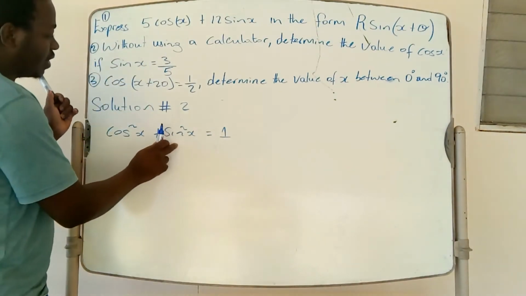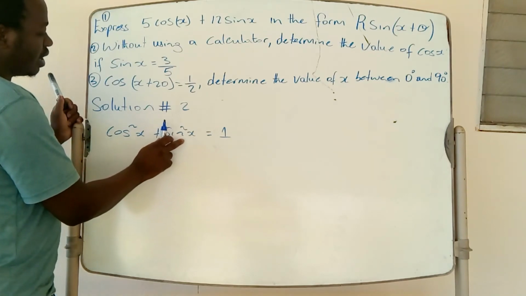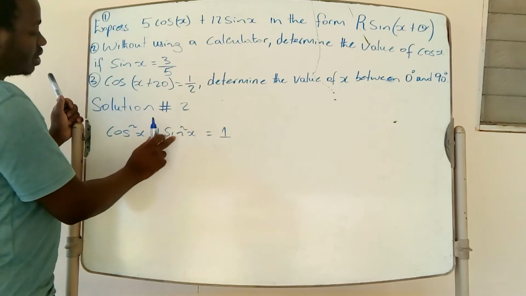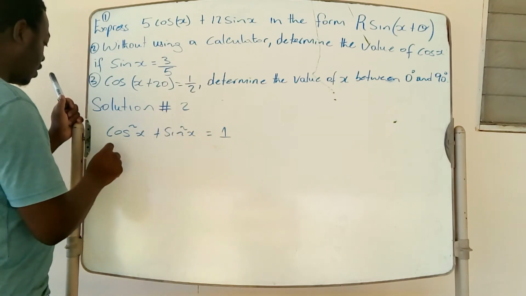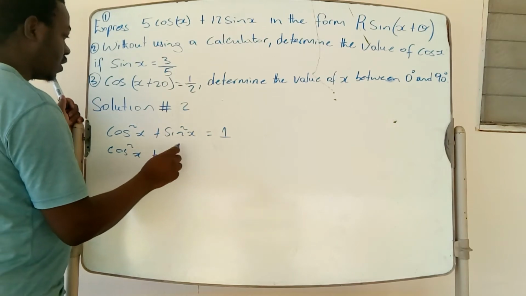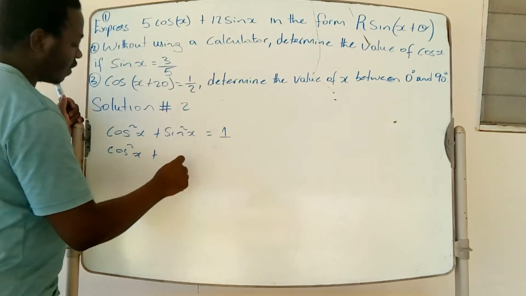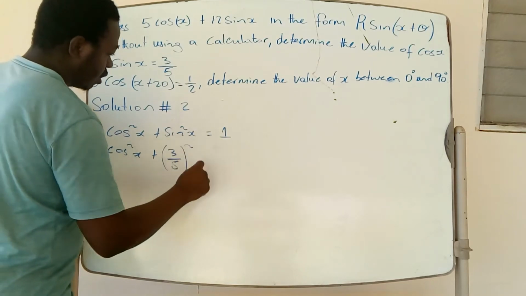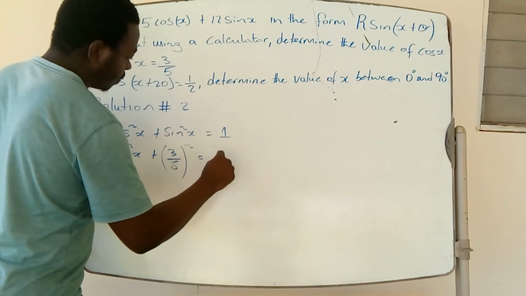So I can replace this sine x here with 3 over 5 because sine squared x means sine x all squared. So I'm going to write cos squared x plus sine x. What is sine x? 3 over 5. So that's 3 over 5 all squared is equal to 1.